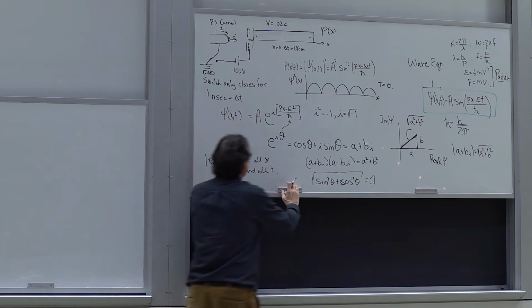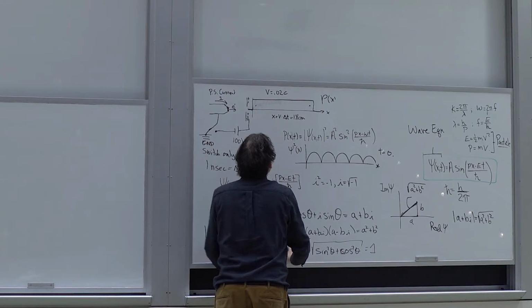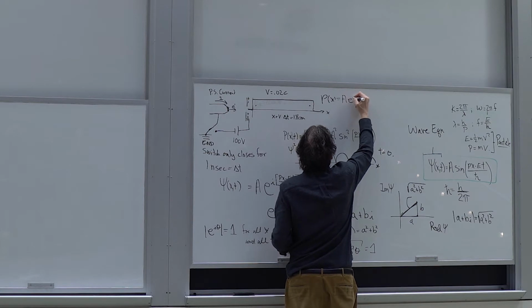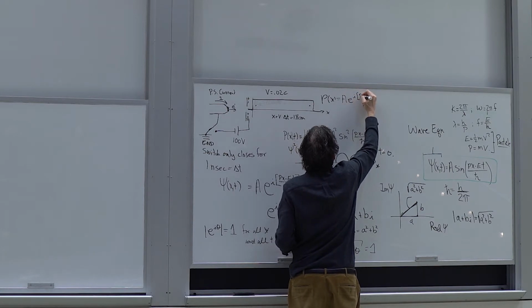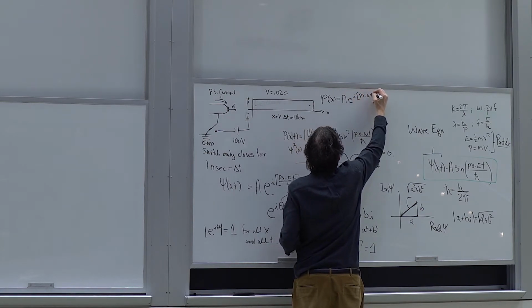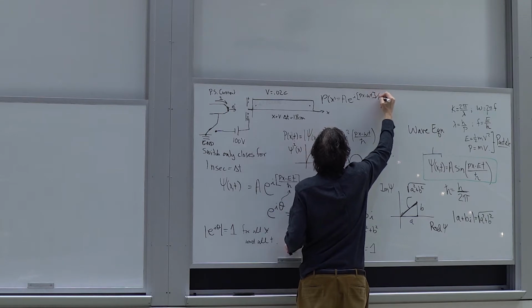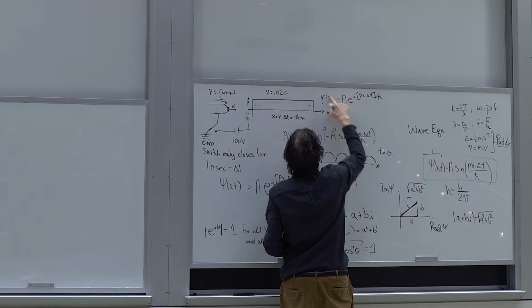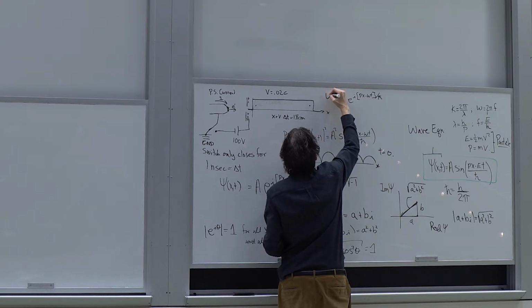Okay, so I now have a wave function for here. It's now a e to the i (px minus omega t) divided by h bar, and, I'm sorry, this is equal to psi of x. Right?